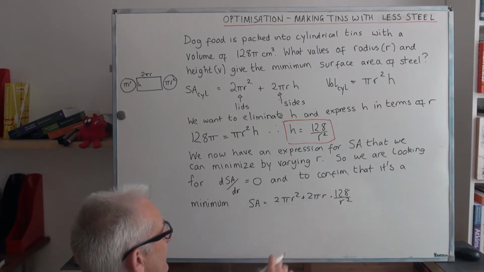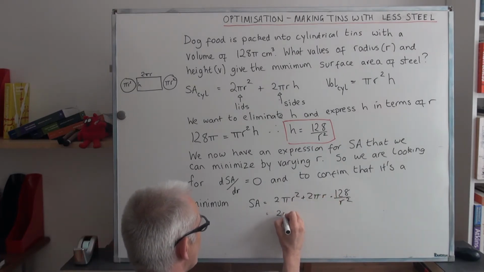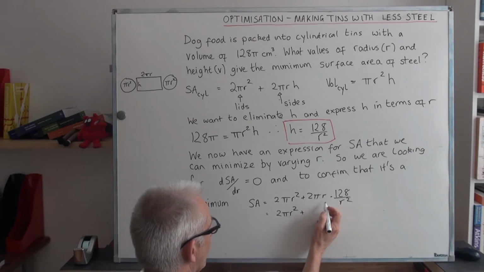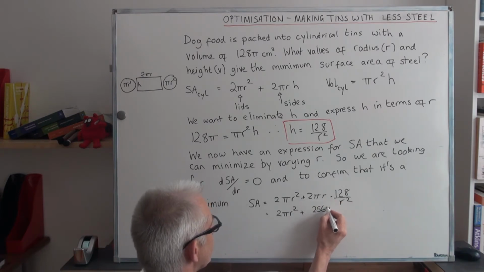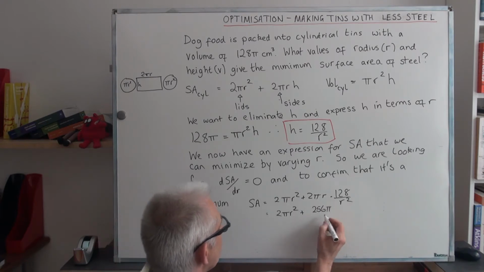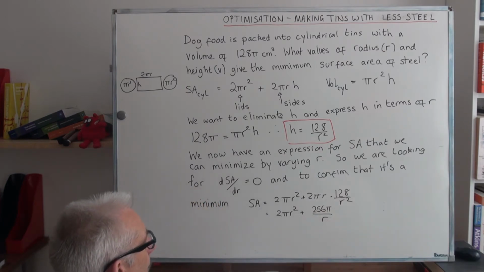We can eliminate some r's, multiply out, and we have 2 pi r squared plus, the r is going to go out, so we're going to have 2 times 128 is 256 times pi, all divided by r.